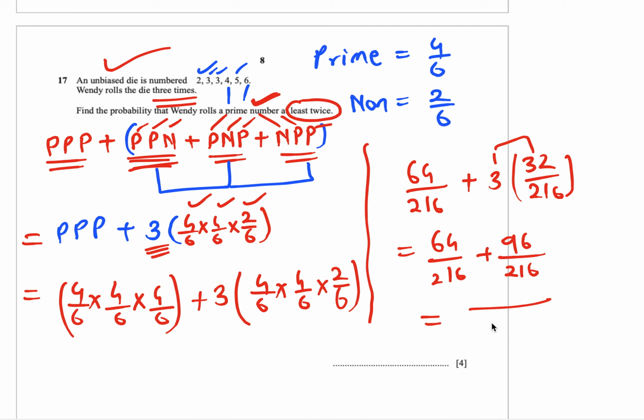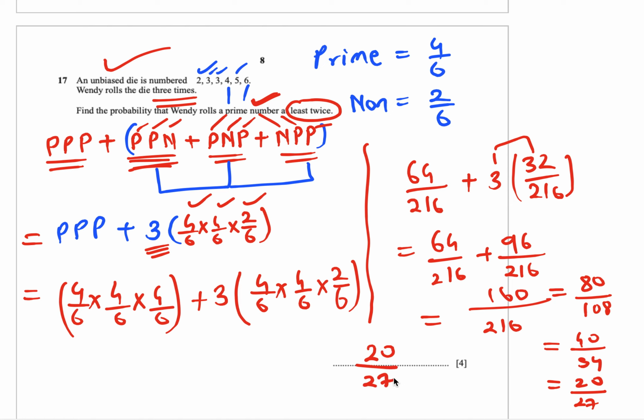Because the denominators are common, it is going to be 160 upon 216. So now I can simplify: you can write it as 80 upon 108, or 40 upon 54, or 20 upon 27. So the final answer can be written as 20 upon 27.